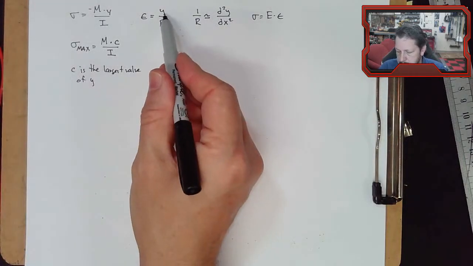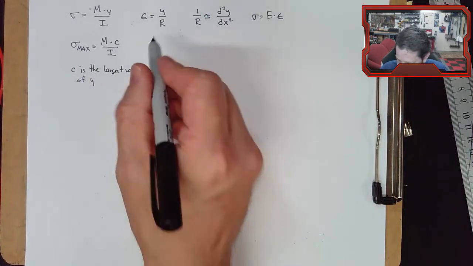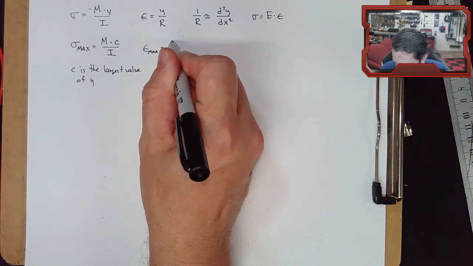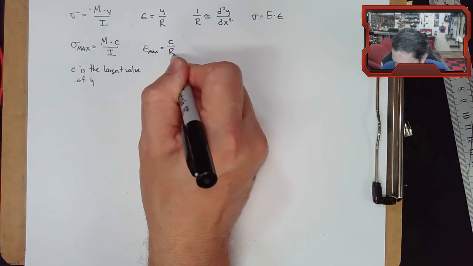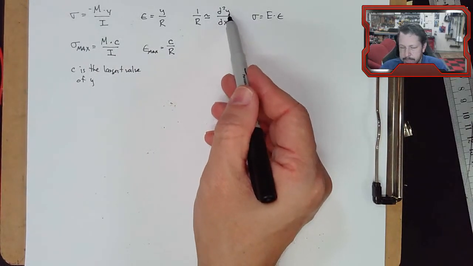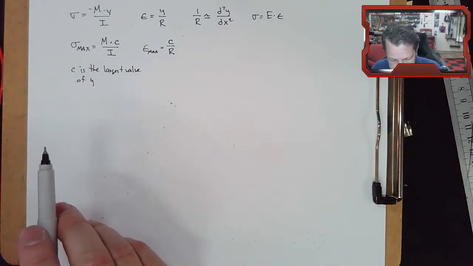I'm going to do the same thing here with this strain and just put a c in. So the maximum strain is when you put c over r. It doesn't really matter. We could have kept the y's, but they might have gotten a little confusing with the y over here. So I'm going to keep them separate as c's.